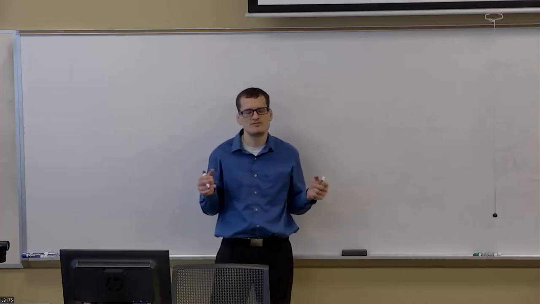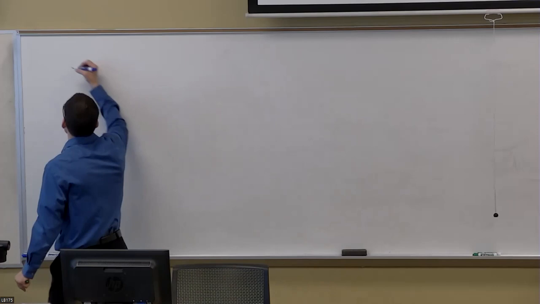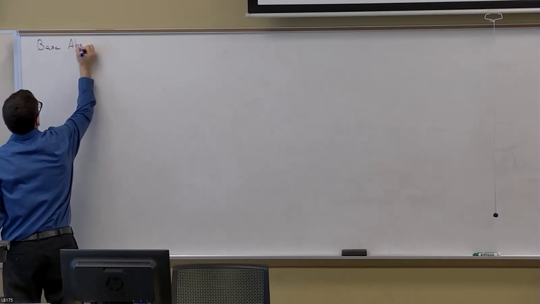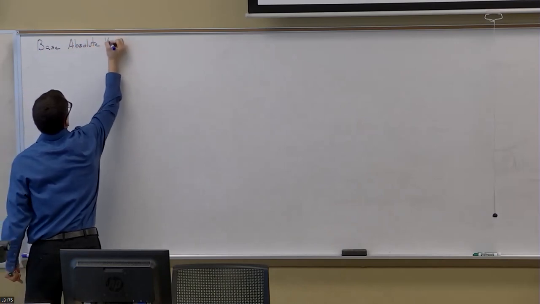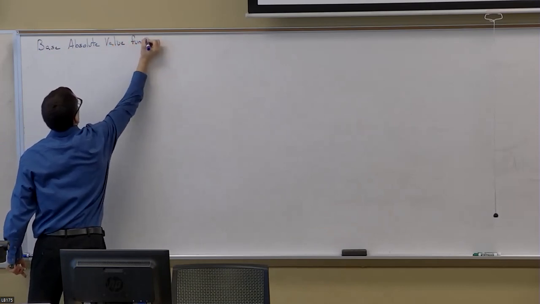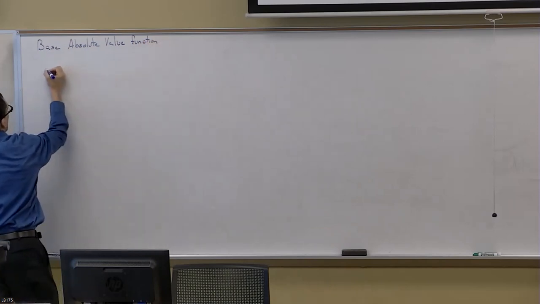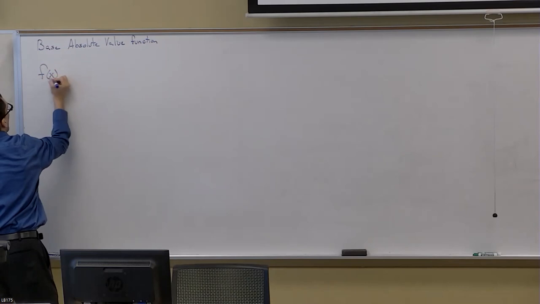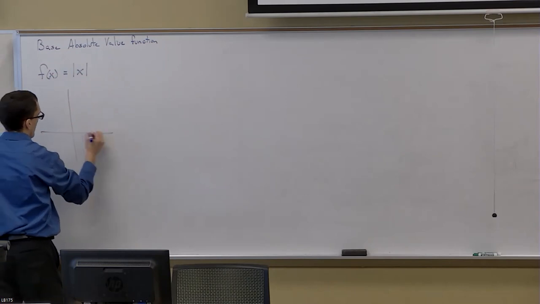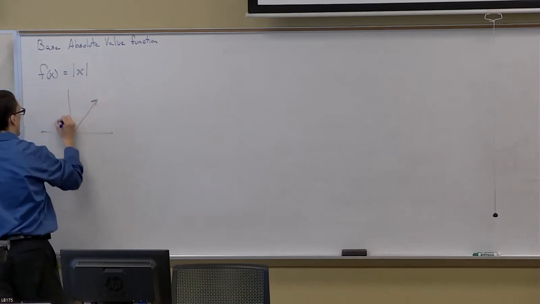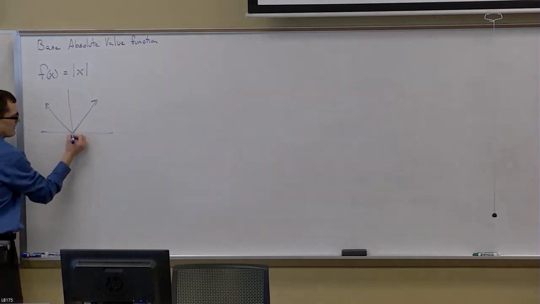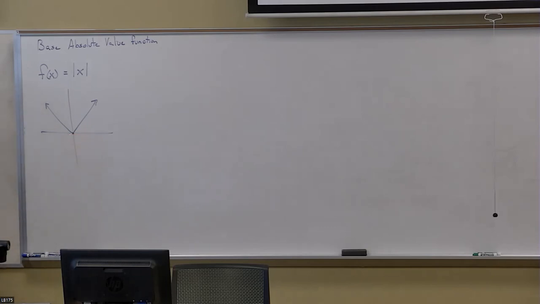So we know that our base function graphically is going to look like a V. And we know that the bottom of this V, this point of our base function, is 0, 0.